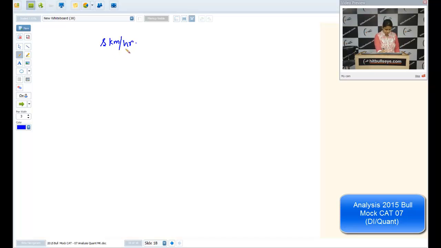Speed of Mr. Grover is twice that of Mr. Mohinder. I am taking Mohinder's speed be m. So Grover's speed will be 2m. I am taking all the data into kilometer per hour since 320 kilometer is given. Okay, all the answers you can see they are given in kilometer per hour.